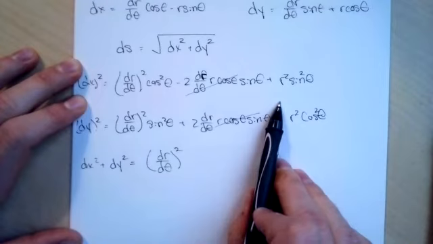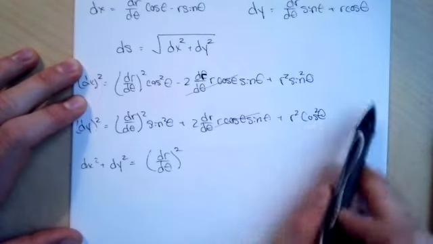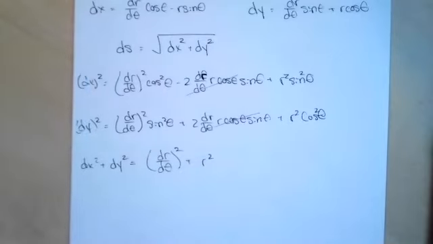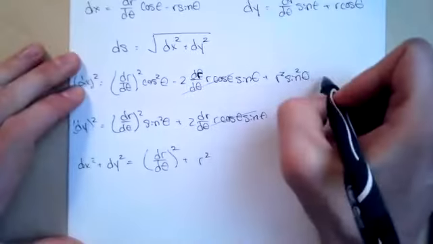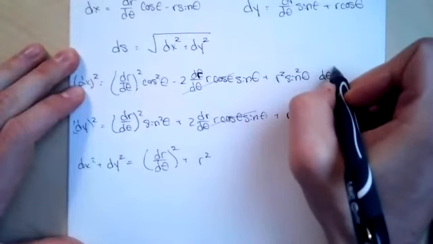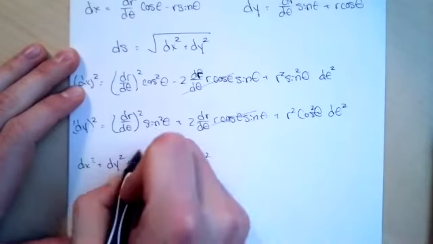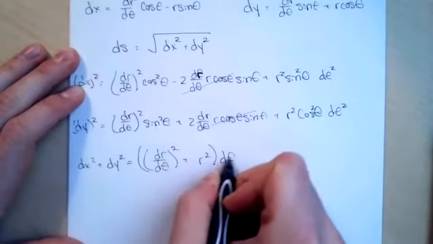So it'll be r squared times the quantity sine squared plus cosine squared, and we're just left with an r squared. And I guess I did forget the d thetas here technically. So we would have a d theta squared on both of those, and so it would be all of that d theta squared.